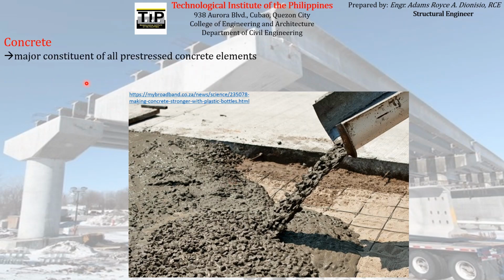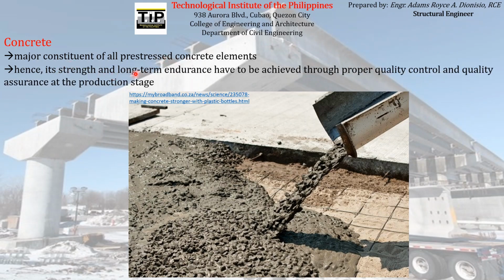So concrete is a major constituent of all pre-stressed concrete elements. Obviously, this is the most important part of a pre-stressed concrete. Hence, its strength and long-term endurance have to be achieved through proper quality control and quality assurance at the production stage.